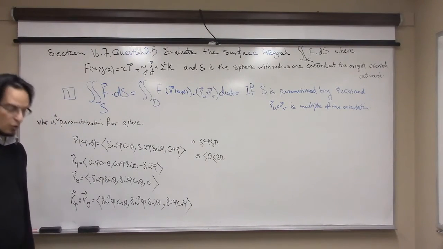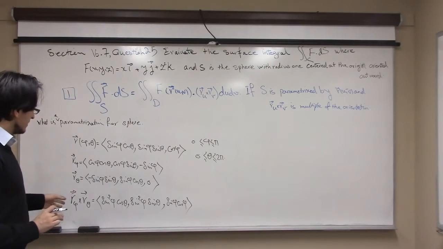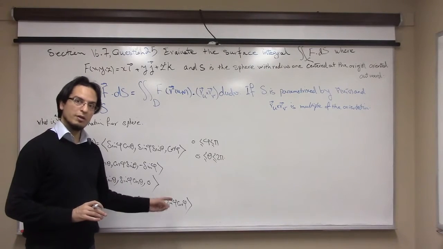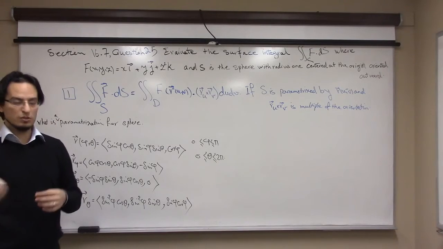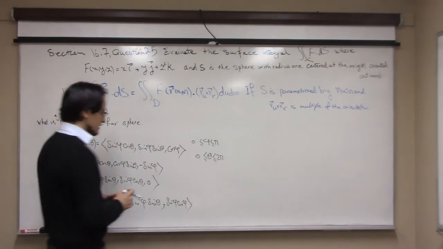So the first question you have to ask yourself here is, is this outward orientation or not? Is it something which is oriented outward or not? In this specific case, how can I see that?